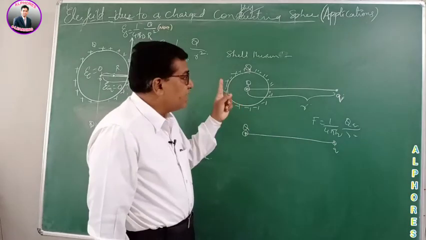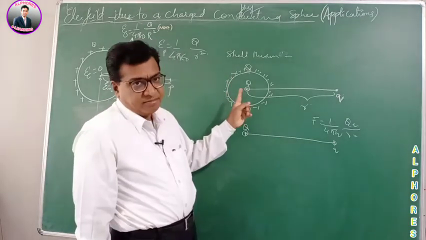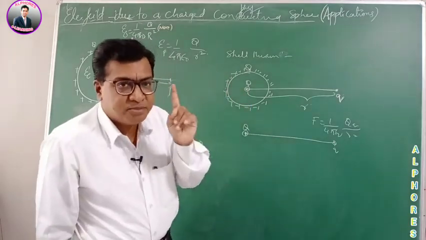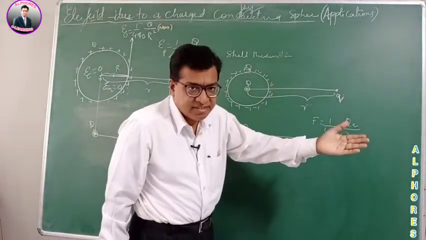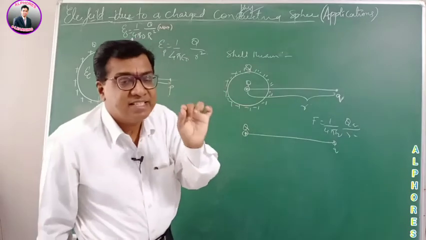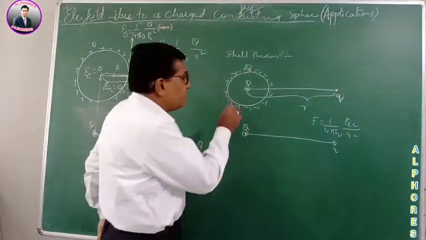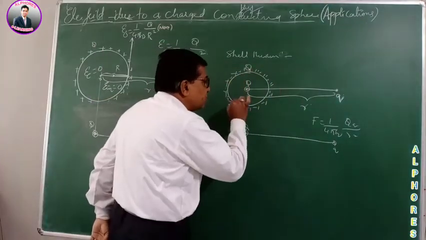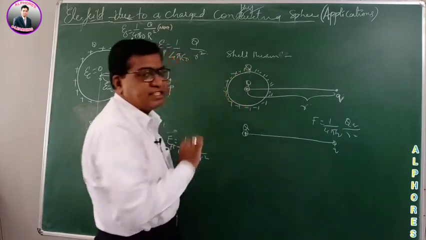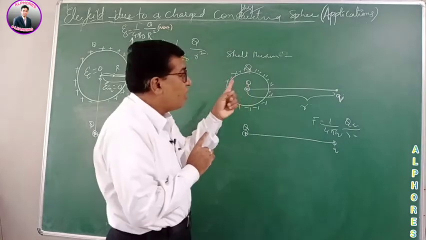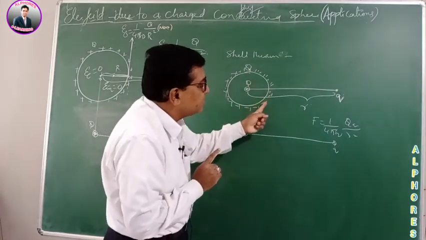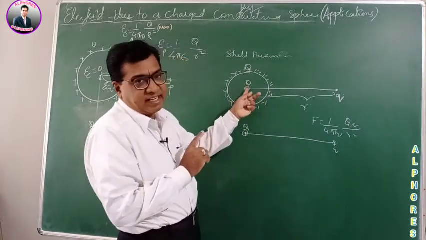So when a conducting charged sphere interacts with a point charge outside its surface without any change in its charge distribution, there must not be any change in its charge distribution, then it behaves as if all the charge on the surface is concentrated at its center.